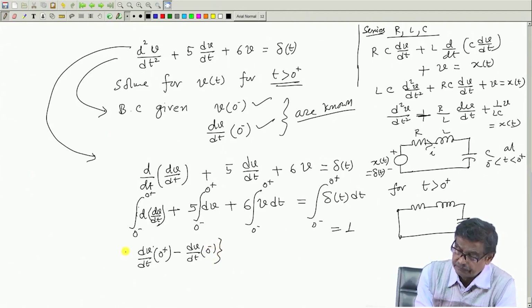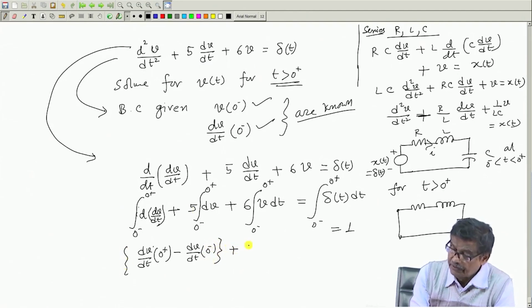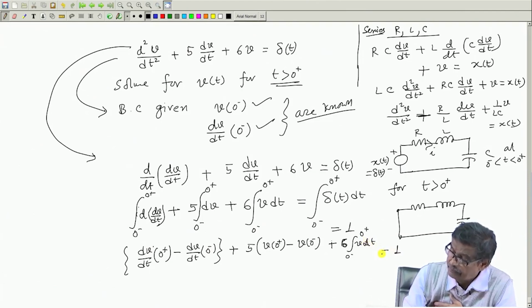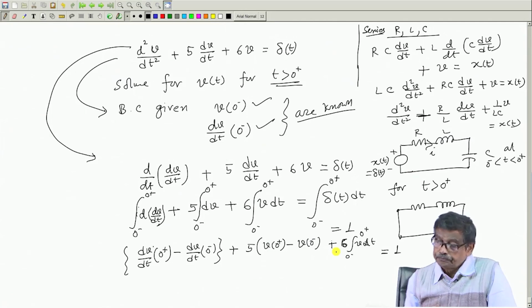This will be the first term. The second term will be 5 times v(0 plus) minus v(0 minus). And plus this integral of v dt, and this is equal to 1. This will be the situation.